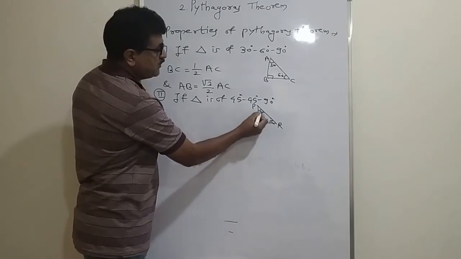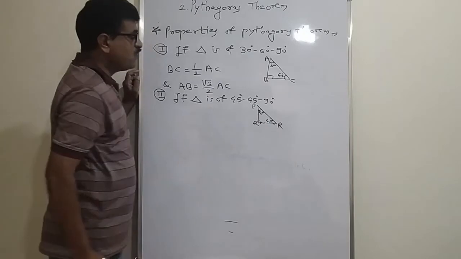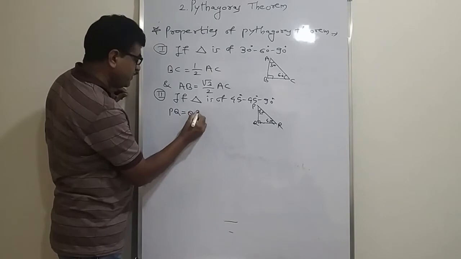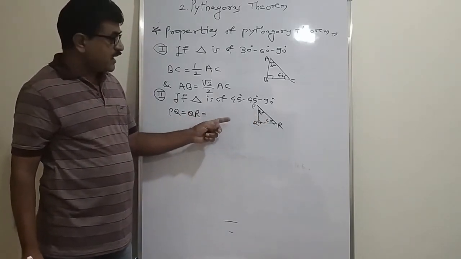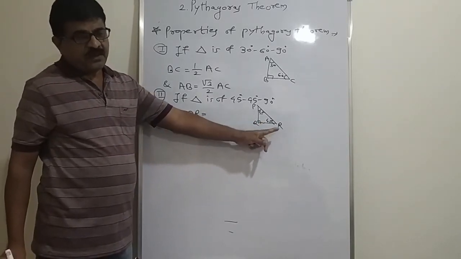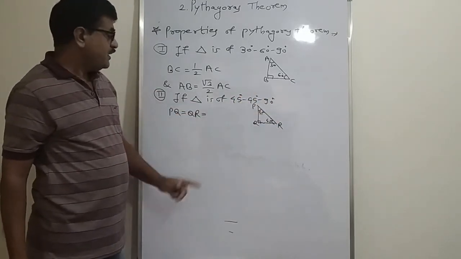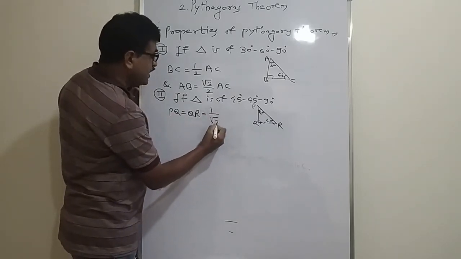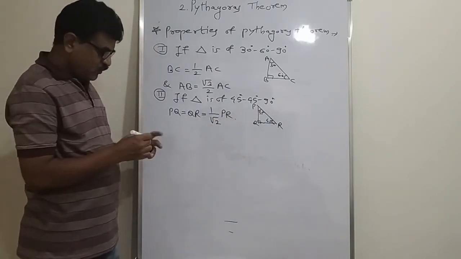This is 45 here, this is 45, both are equal, therefore PQ is equal to QR. And in a 45, 45, 90 degree triangle, PQ is equal to QR is equal to 1 upon square root 2 times the hypotenuse PR. These are the two properties.